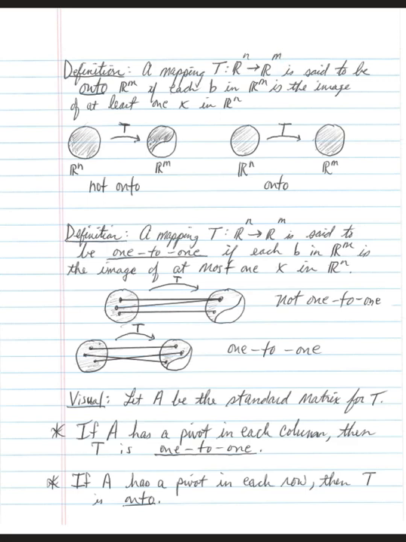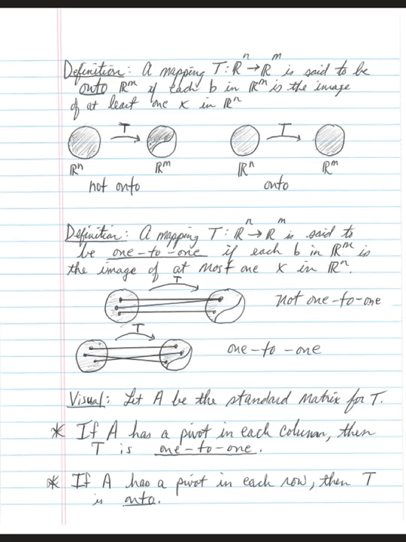If you take all x's from the domain and put them through the linear transformation, but their images only come out to a certain part of the codomain, like say this part's the range, then that transformation is not onto, because there are some vectors in the codomain that aren't covered by that transformation.